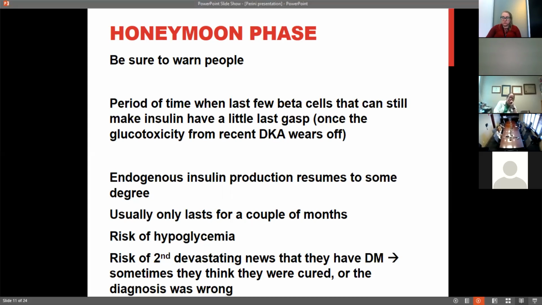So when you start somebody who has a new diagnosis of type 1, regardless of what age they are, it's very important to warn them about something called the honeymoon phase. And this, I'm going to explain kind of what it is. So they come in, they're often in DKA as their initial diagnostic sort of scenario.